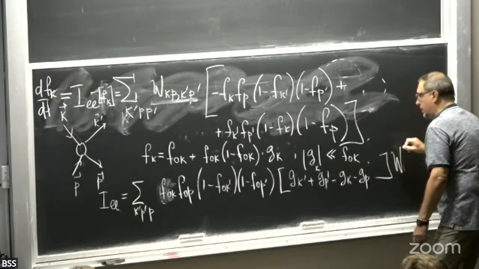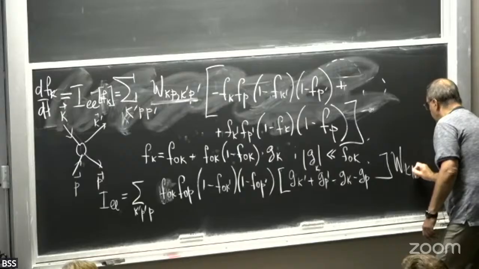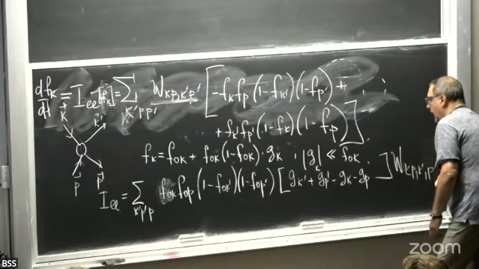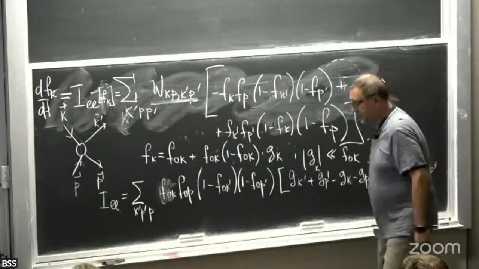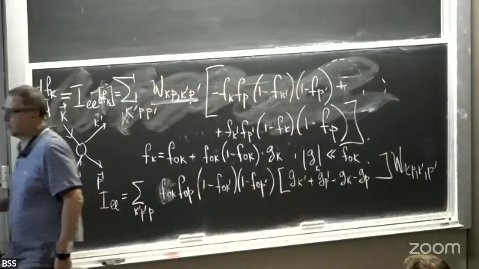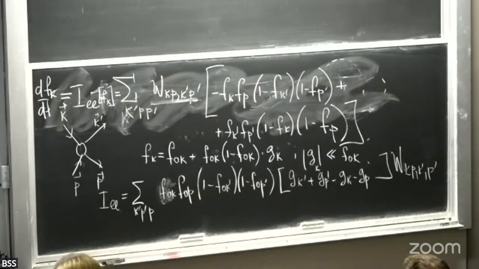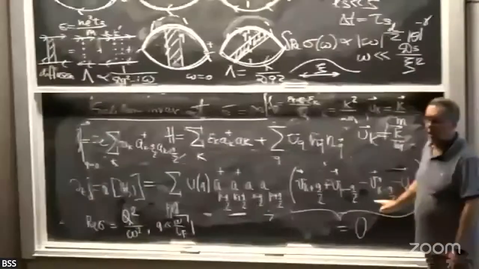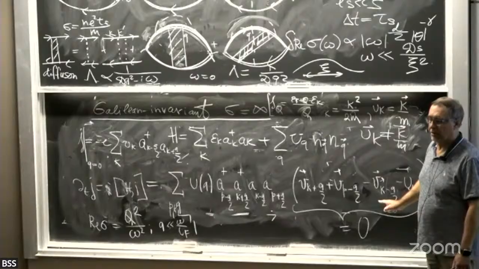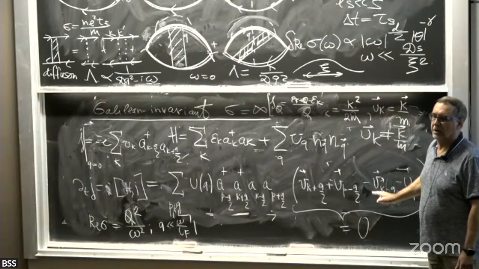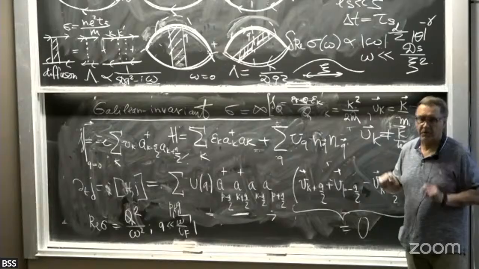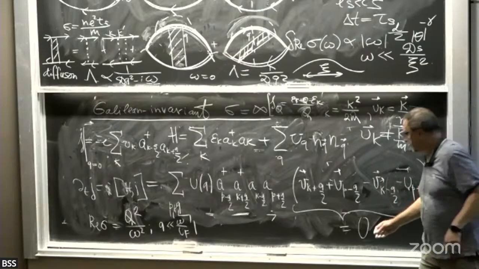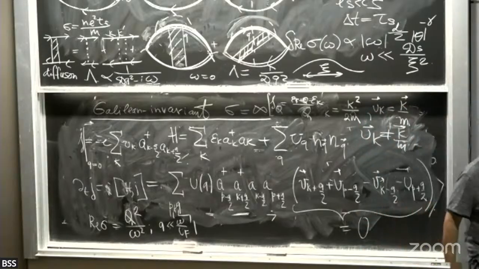And I have a scattering probability W(k, p; k prime, p prime). And you see that the order of terms in this non-equilibrium part is the same as the order of the velocities in the time derivative of the current, and this is going to be very important. So this is coming from another source. Okay, let me stop here, and we'll pull out some consequences of this equation next time.